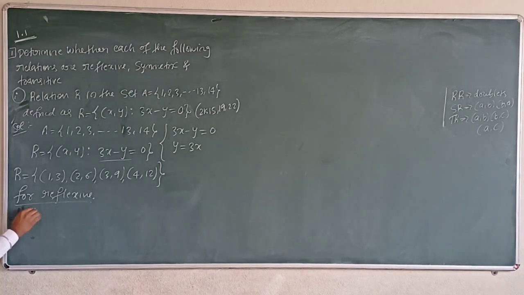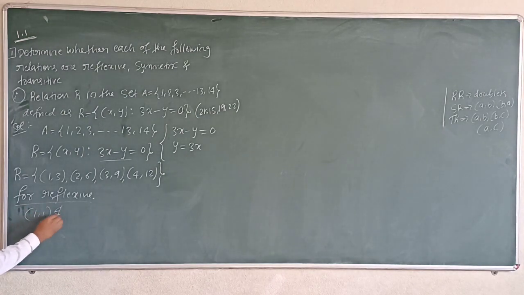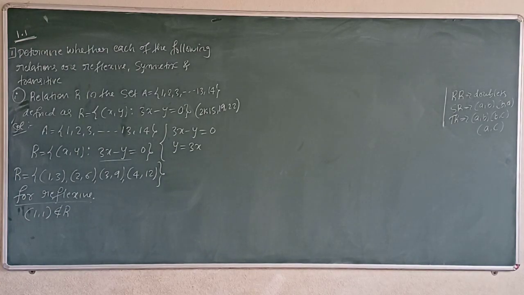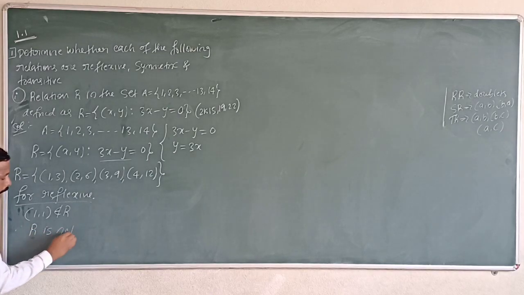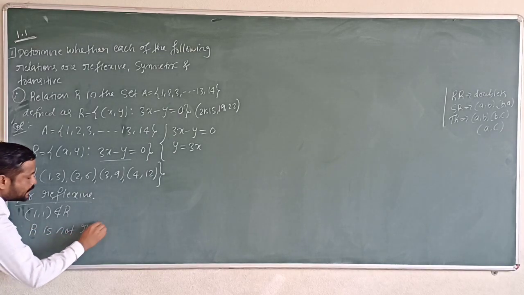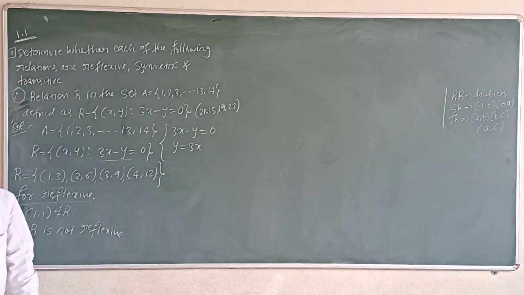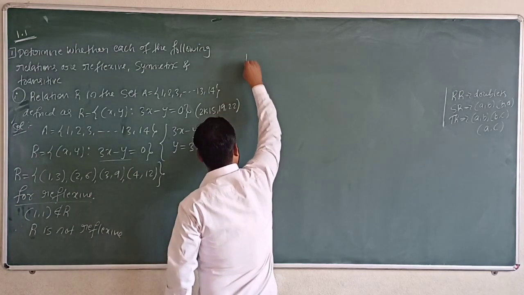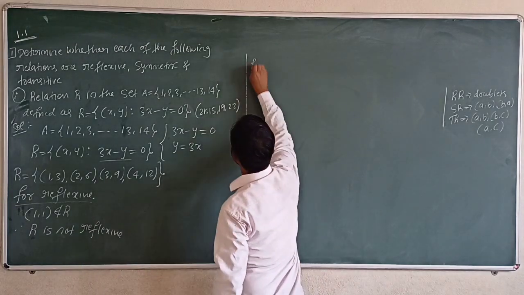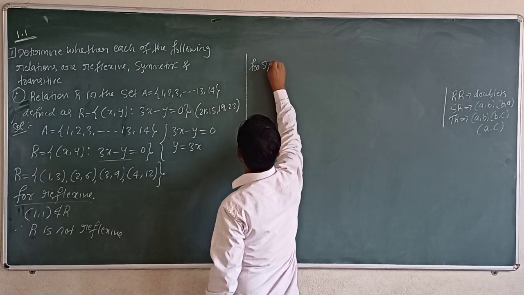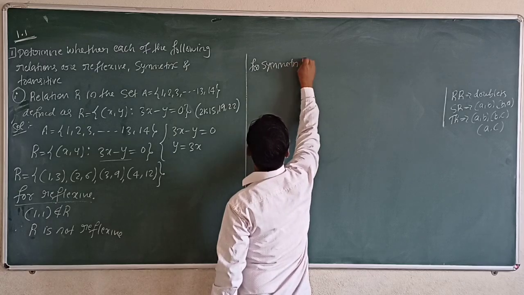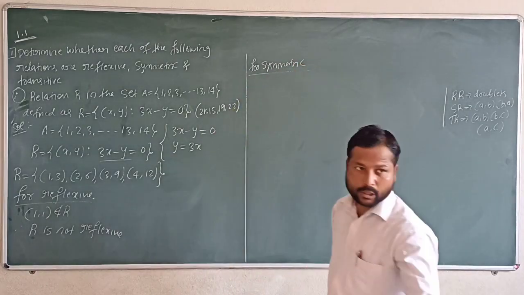Take it as 1 does not belong to R, 1 does not belong to R, so therefore R is not a reflexive relation. Now take up symmetric. We know that symmetric means a comma b, b comma a.